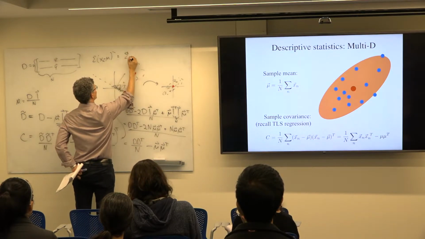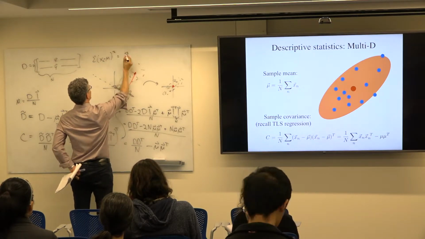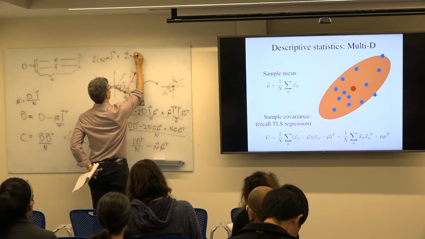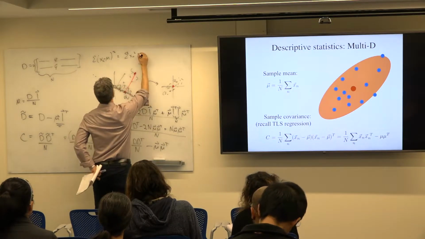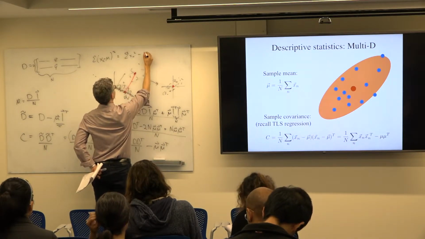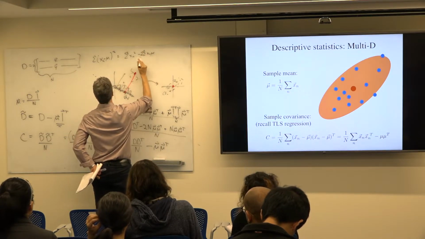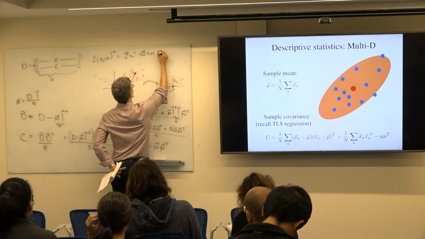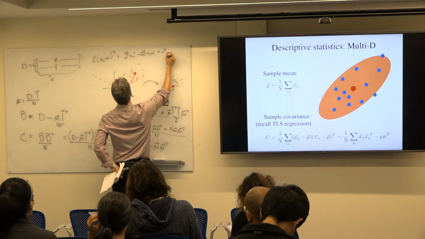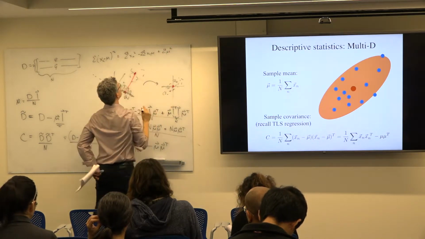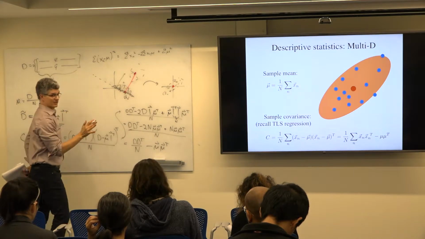Well, if we expand the square, we would get the sum of the xn squares. We would get minus a sum of xn's times mu's, and we would get 2 of those. And then we would get plus a sum of mu squares. Right? These are just scalars.